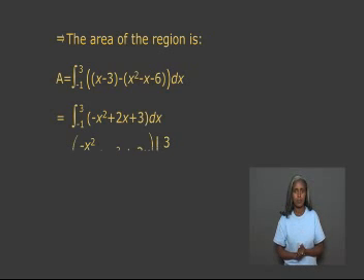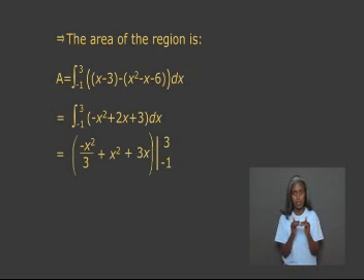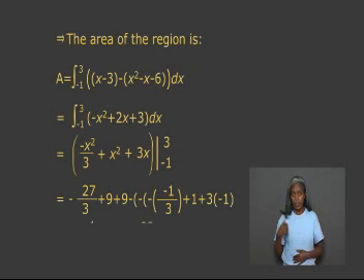This equals negative x cubed over 3 plus x squared plus 3x restricted from -1 to 3. We have almost finished.